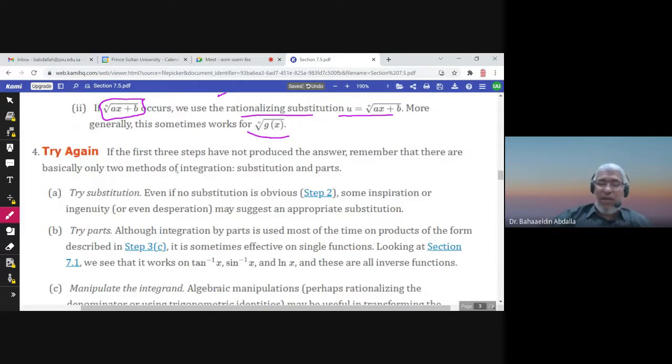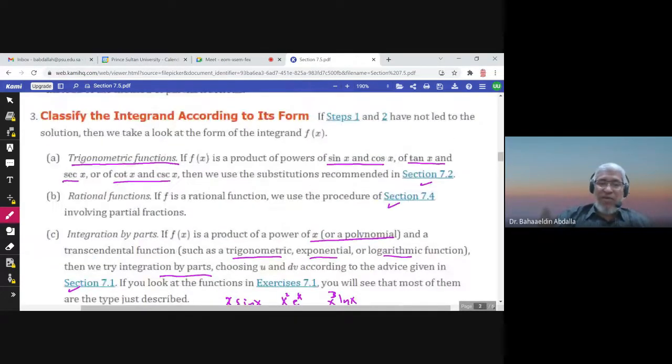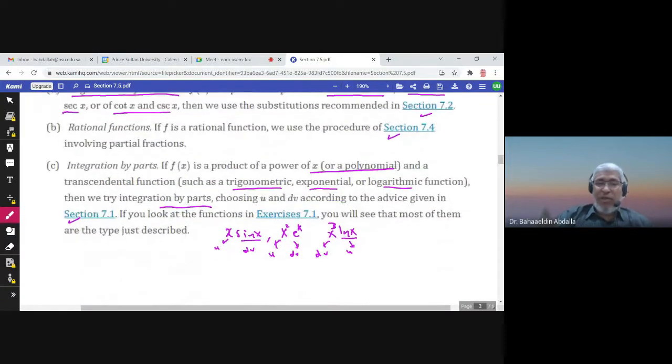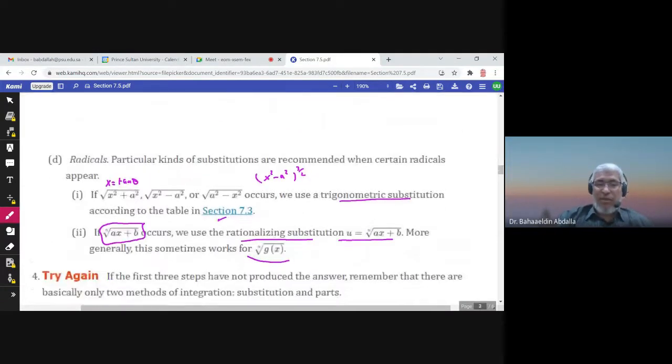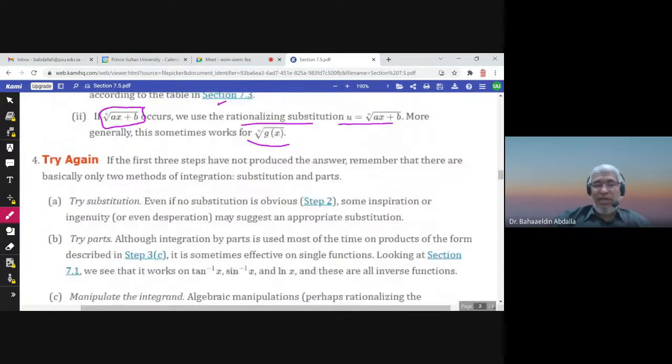If the question doesn't have any of these forms, not trigonometric, not rational, not radicals, then think of the problem again, using the two main methods: the usual substitution, and by parts.